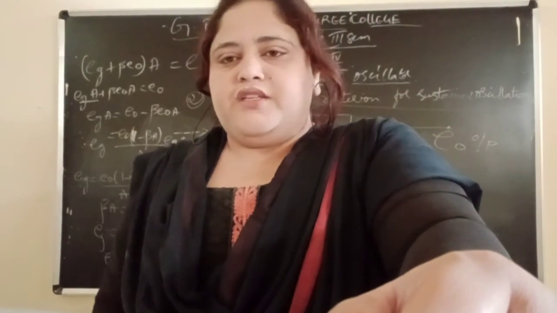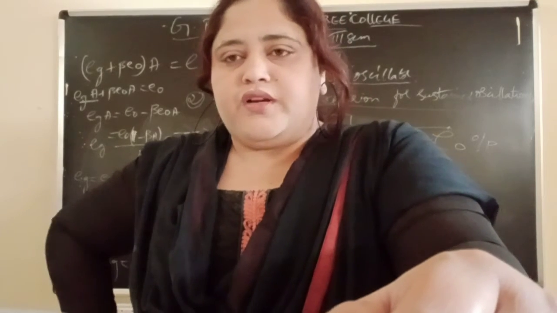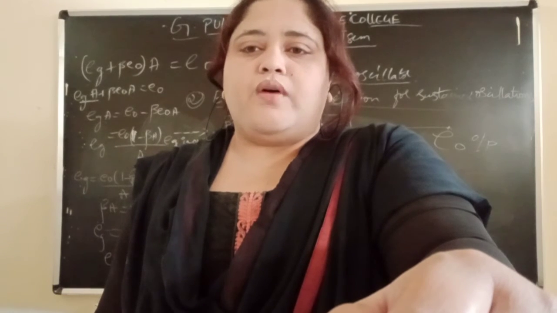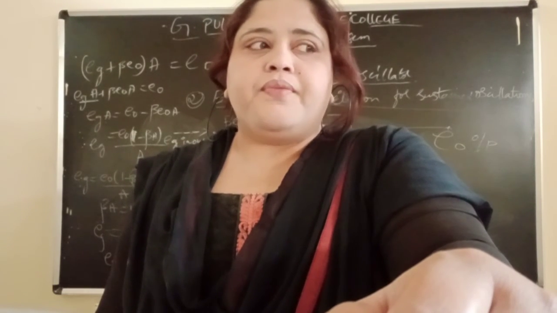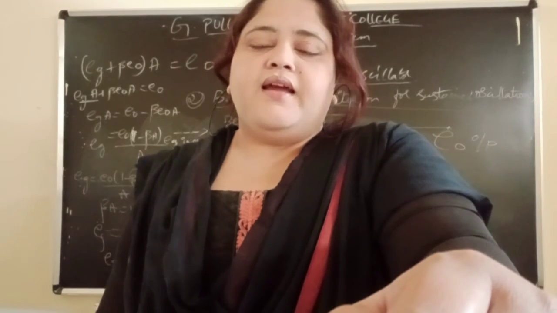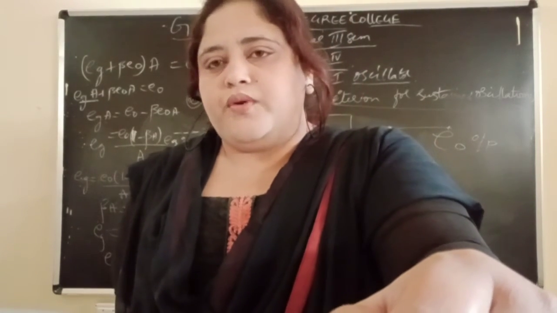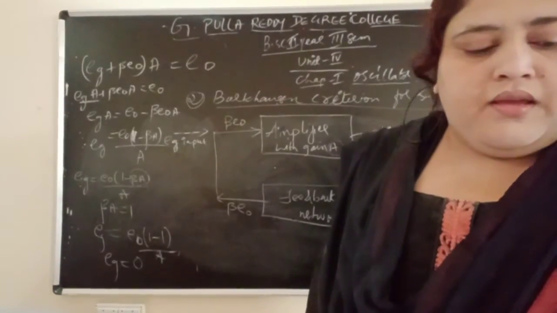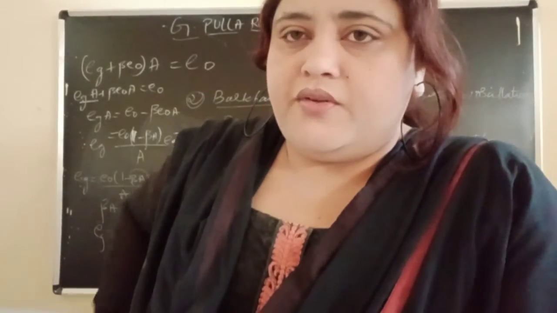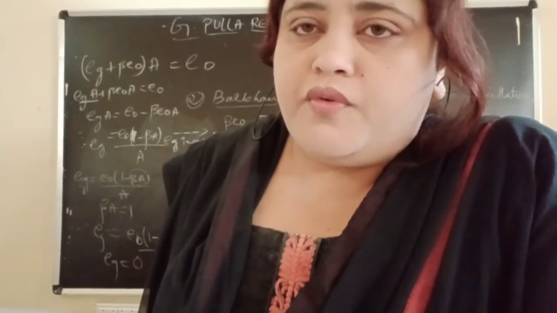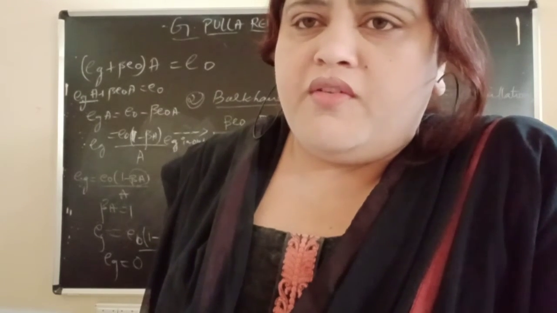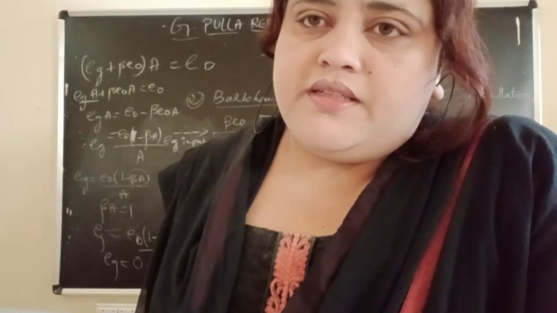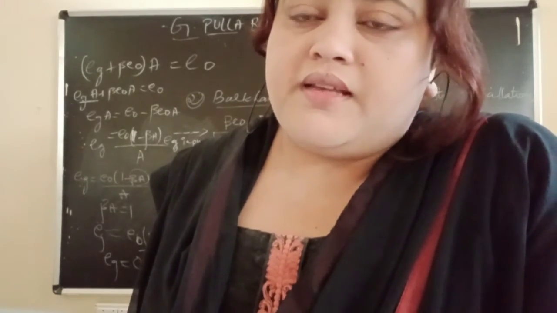So the condition for sustained oscillation, which is the Barkhausen criterion, is beta A equal to 1, because when we substitute beta A equal to 1, at that time only we get the input as 0, and when the input is 0, obviously the output will be in the form of an oscillator. The oscillator will generate the output as a sine wave.